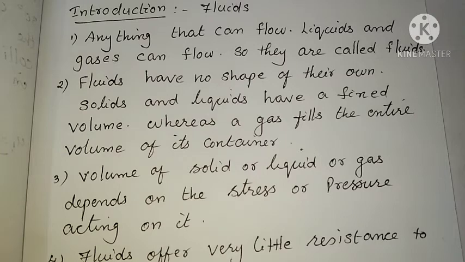The difference between gases and solids or liquids is that for solids or liquids, the change in volume due to change of external pressure is small. In other words, solids and liquids have much lower compressibility as compared to gases. This you studied in the chapter Mechanics of Solids.